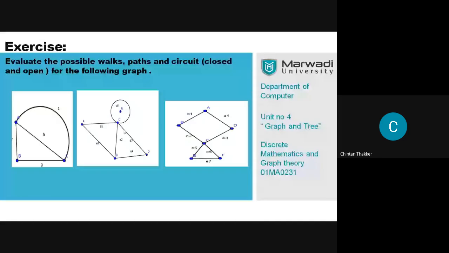Now in this graph, first write one closed walk from A to A of length 7. One closed walk from A to A of length 7.